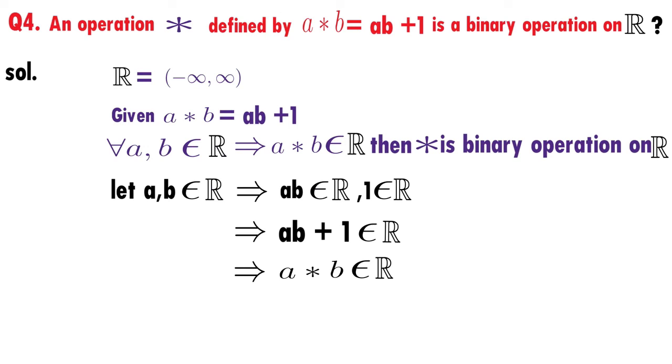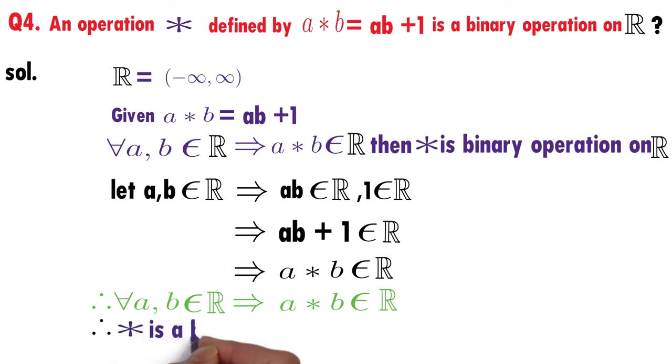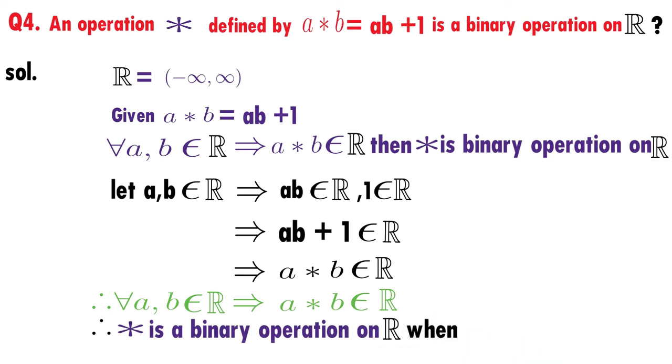So a star b is a real number. Therefore, for every a comma b belongs to R, a star b belongs to R. From this we can conclude that for any two real numbers a comma b belongs to R, a star b belongs to R. Therefore, star is a binary operation on the set of real numbers.